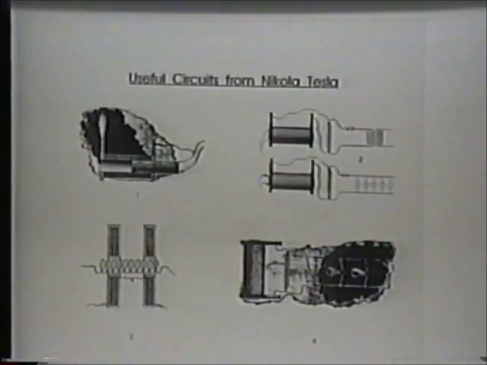Okay, we go to drawing number 2 there. If you've ever wanted to know how Tesla lit incandescent light bulbs and how he powered transformers to run motors and do other sorts of things, you have the basic circuits for doing that.